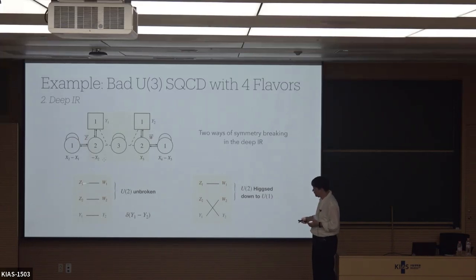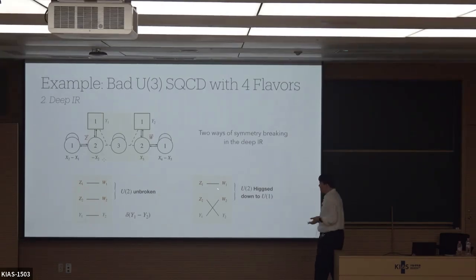Firstly, Z1, Z2, and Y1 are symmetry variables. Those are for the two U2, and this is for this U1 global symmetry. If we identify the symmetry in this way, the U2 remains unbroken, but there should be a spontaneous symmetry breaking between these two U1 global symmetries, like this.